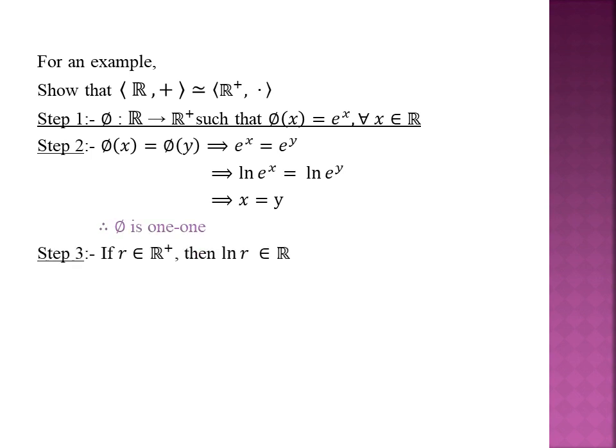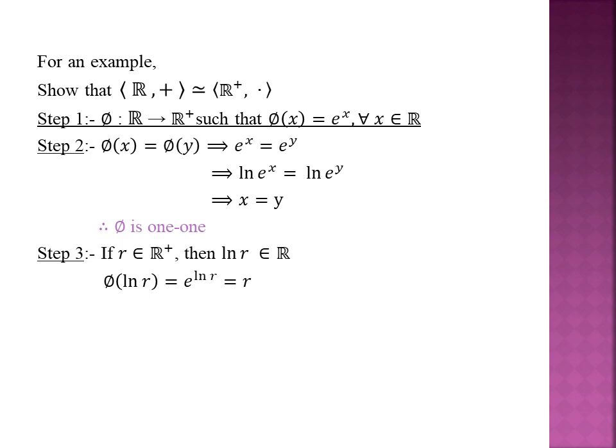Step 3: we have to show that phi is onto. If r belongs to the positive real numbers R plus, then log r belongs to R. Phi of x is defined as e raised to x, so phi of log r is e raised to log r.